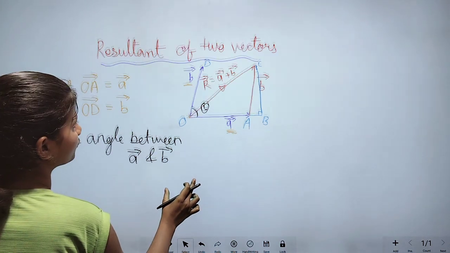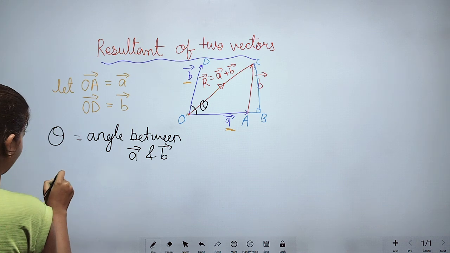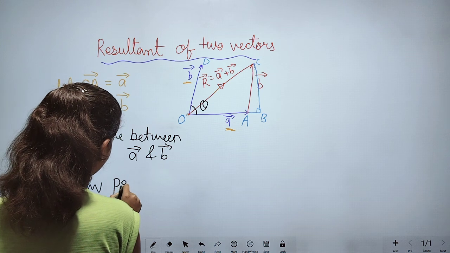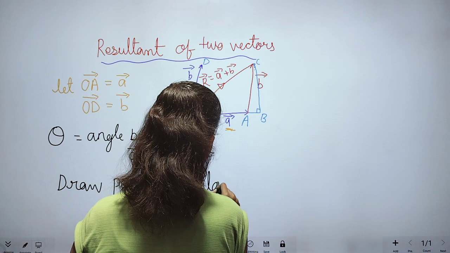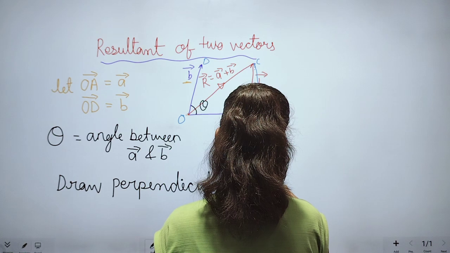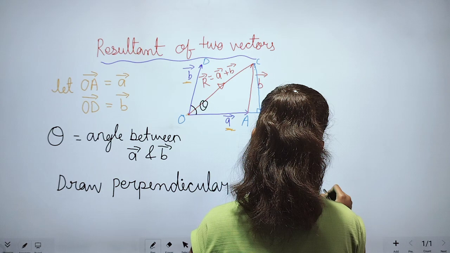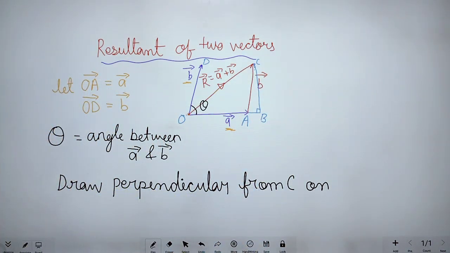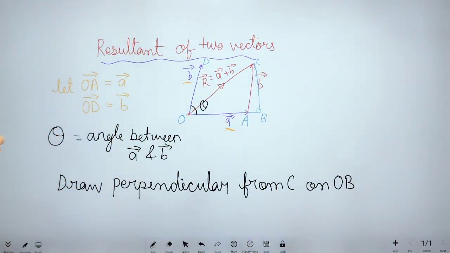Now we draw a perpendicular from C on OB. Clear?